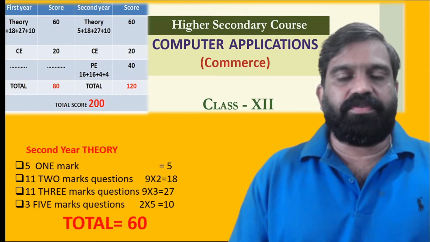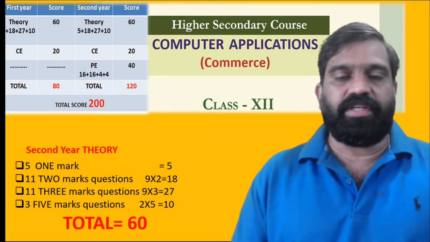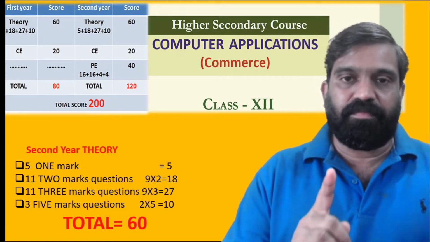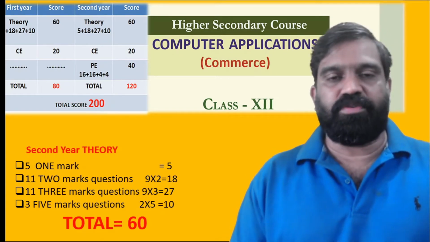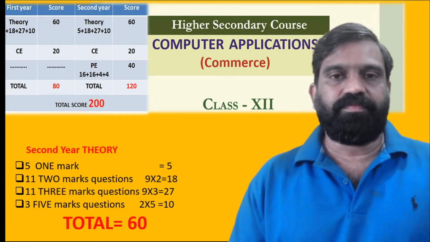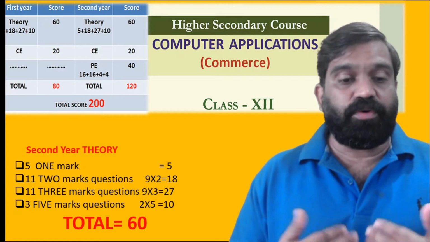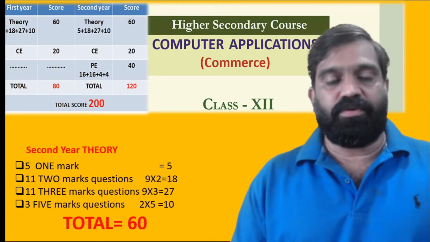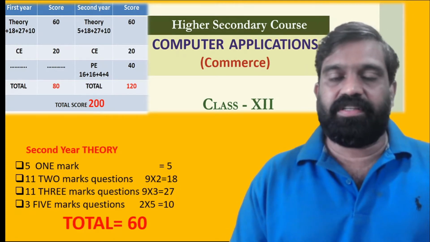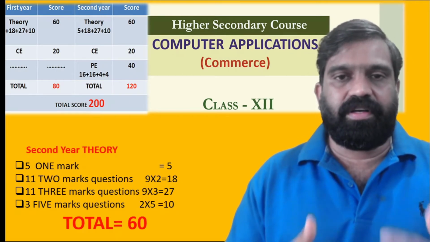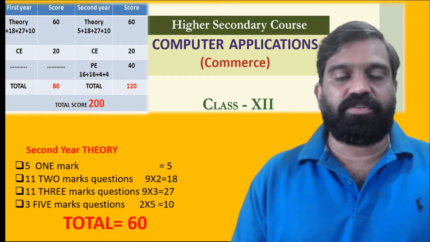What are the different types of questions we have to face in the examination? We will get 1 mark questions, 5 one-mark questions we have to attend. Next, 2 mark questions are there. We have to attend 9 two-mark questions, so in total you can score 18 from 2 mark questions. Next are 3 mark questions.